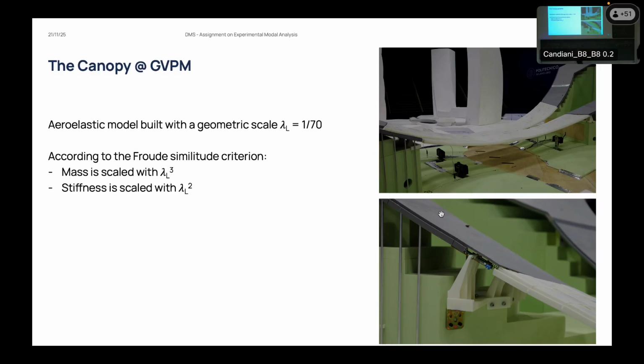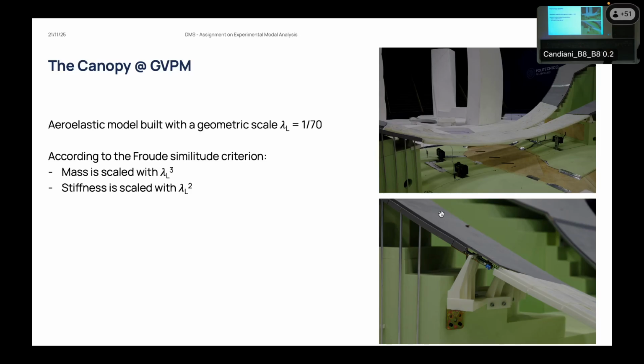Once you choose this, since you are running an elastic test, the mass is scaled with the cube of that lambda L, and the stiffness instead is scaled with the square of lambda L. If you think about that, the frequency is the square root of the stiffness divided by the mass, so you can easily get that the natural frequencies of the system will be scaled with the square root of lambda square divided by lambda cube.